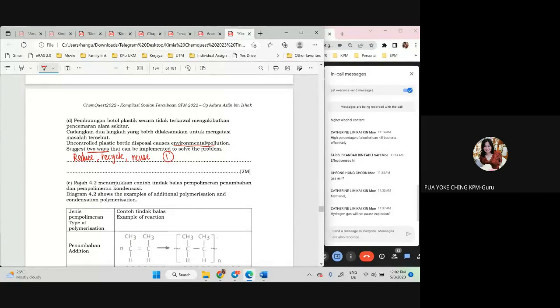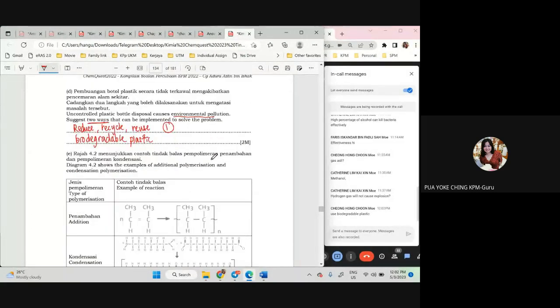Selain reduce, reuse, recycle. Apa lagi yang kita boleh kurangkan masalah pencemaran disebabkan oleh plastik? Yes, use biodegradable plastic. Ini yang another one, use biodegradable plastic. Supaya dia boleh decompose lebih mudah. Okay, it needs a shorter time to decompose.